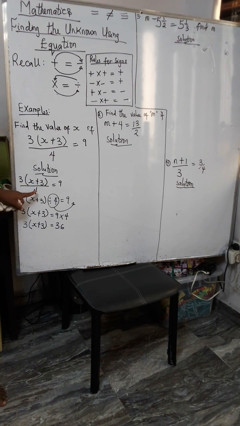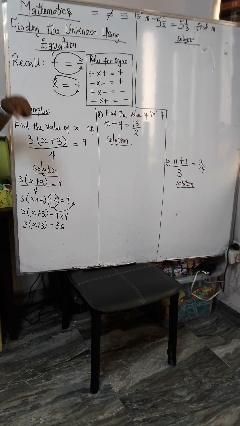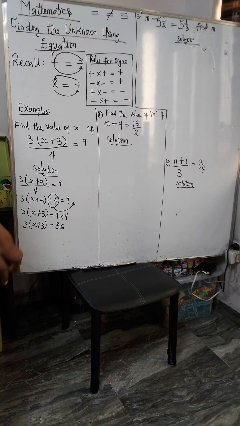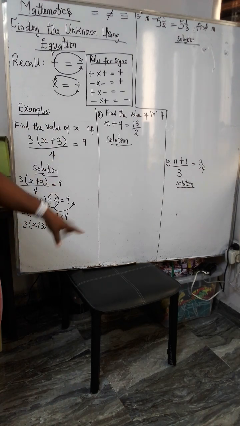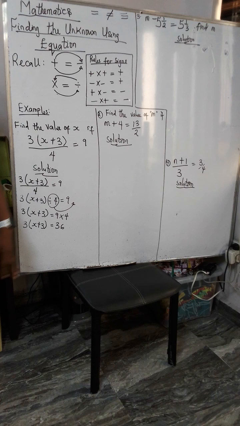I've succeeded in moving this over here, and because this was over, and over is the same thing as division, when it crosses over the equality sign it changes to multiplication. Then this is now times 4, and 9 times 4 is 36. So we have sorted out the right hand side of the equation.